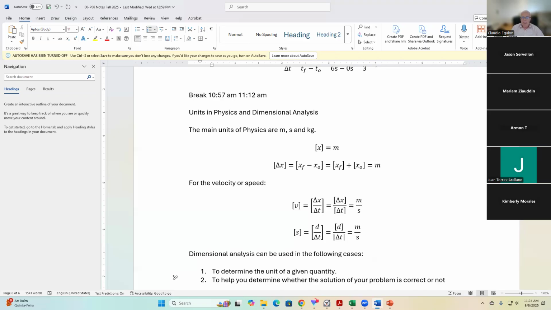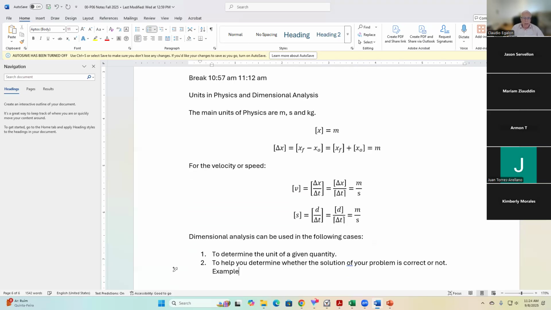Okay? Example, right? Suppose that you are calculating the velocity of a given object.